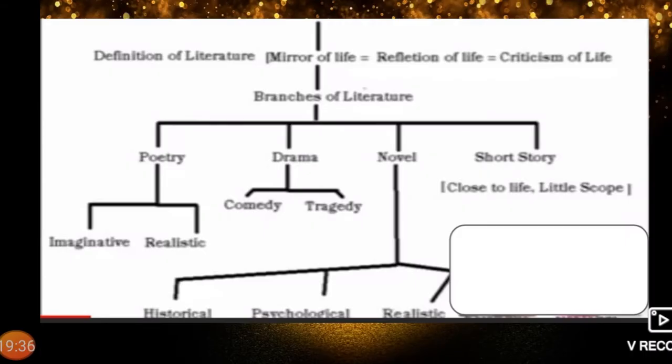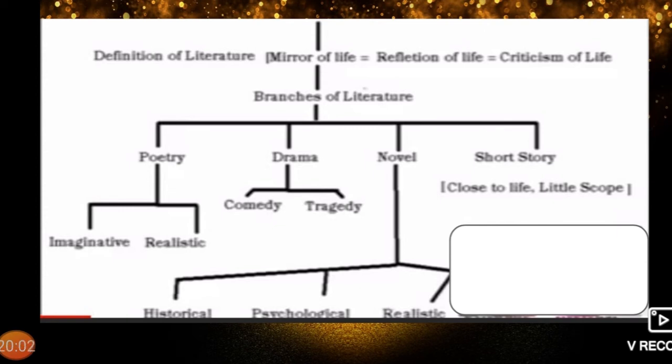Now see, here we have completed our history of novel in four paragraphs. Let's have a short revision of our history of novel. As I already explained, genre is a form of literature.